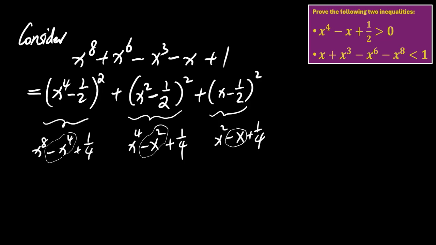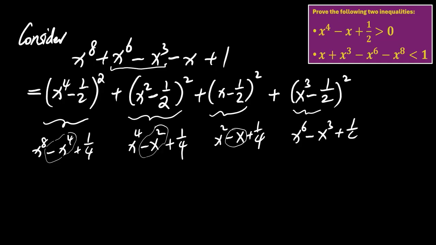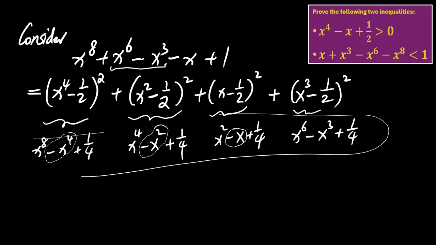We want to get minus x, that is fine. And lastly, for x to the power 6 minus x cubed, we can consider x cubed minus 1 over 2, squared. This will give me x to the power 6 minus x cubed plus 1 over 4. And when you add up all of this, we will actually get the above expression.